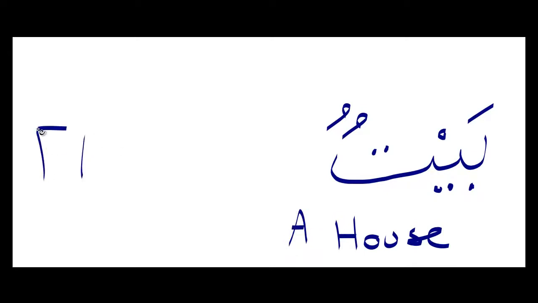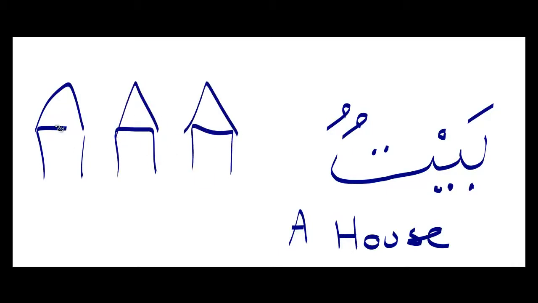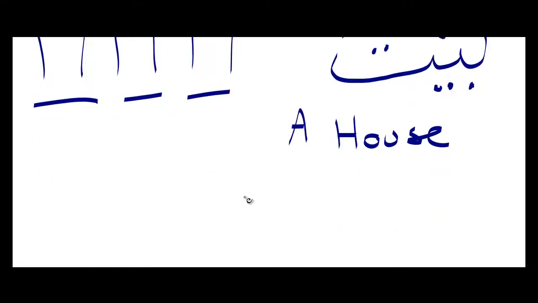Okay? So if there's a line of houses and I say let's go to a house, it could be any one of these. It could be this one, or this one. Why? Because I've used a common noun without the alif lam.